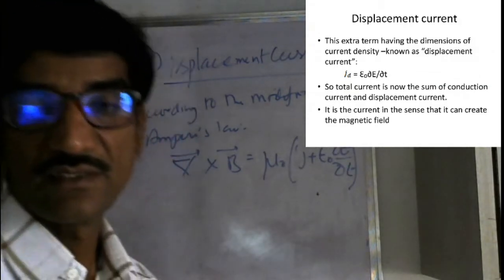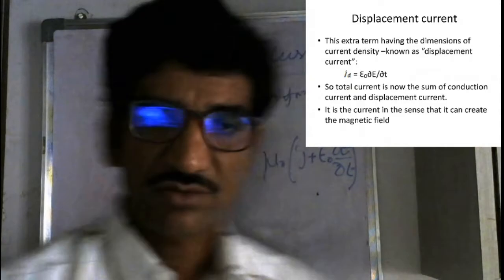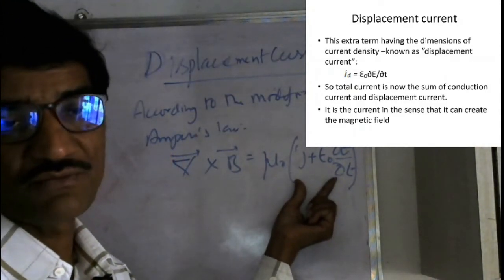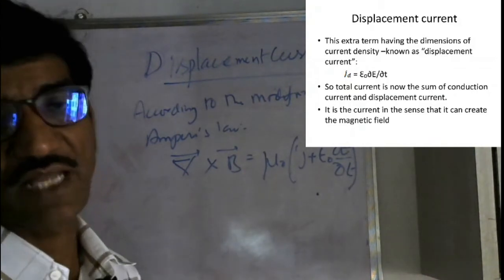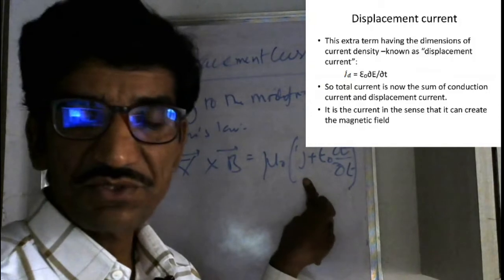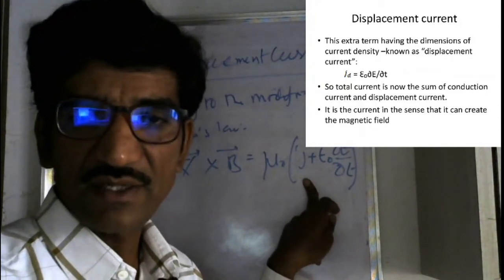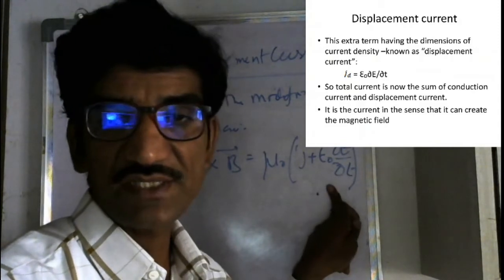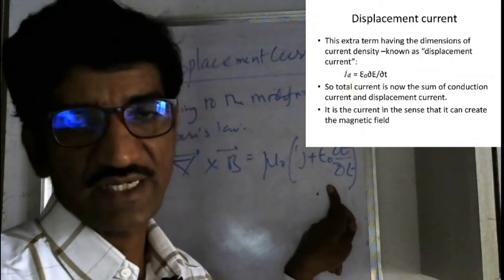Okay. See, now on this side the total current is the sum of two types of currents. This gives you the ordinary current or the conduction current. The second current, we call this as displacement current.